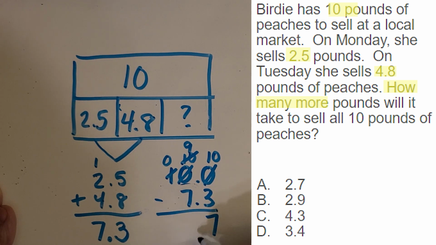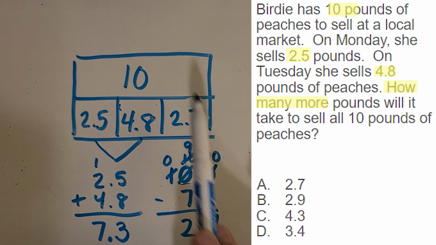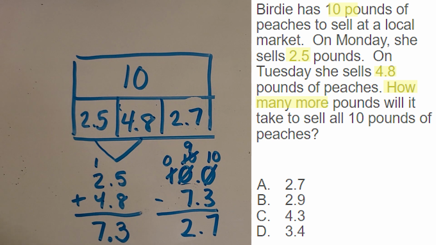You got it. Bring that decimal point down. 9 minus 7. Good, is 2. So that means she needs to sell 2 7/10 in order to get up to the 10 whole pounds of peaches. So which answer choice are we going to go with? Okay, great. A. Good job.